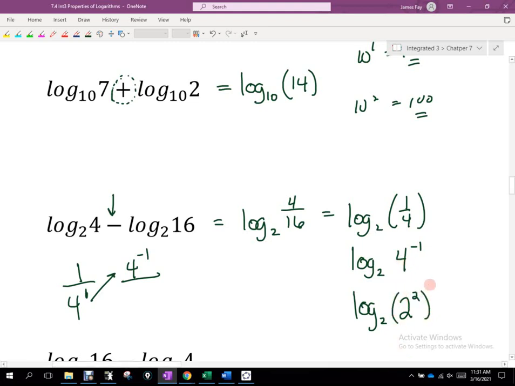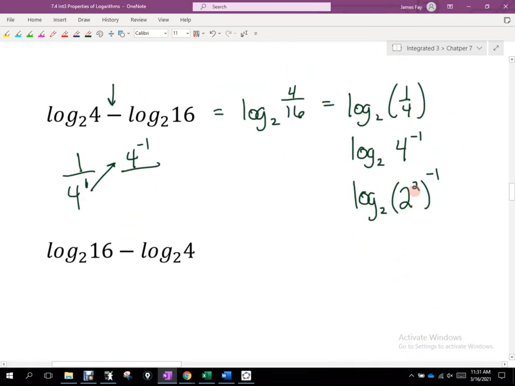Okay. Now, I would still need that raised to negative 1. Now, if I take 2 squared and raise it, anybody remember what we do with an exponent raised to an exponent? Like if I multiply them. Okay.